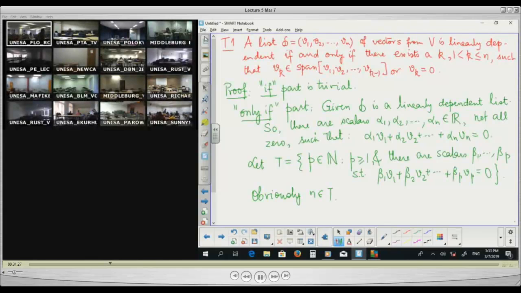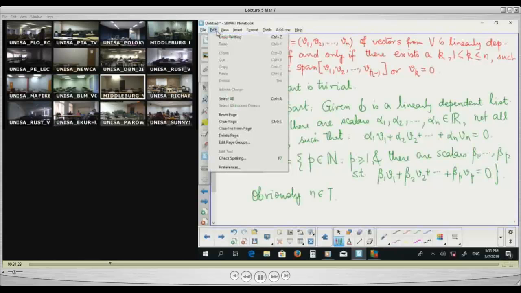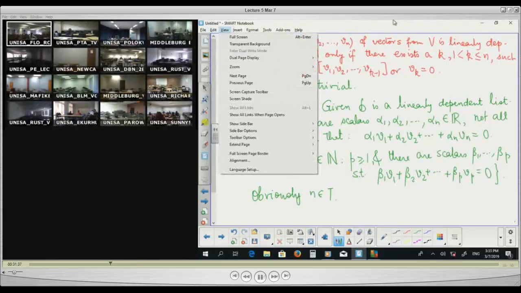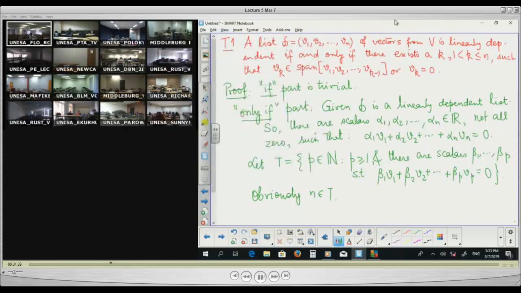No. So I'll have to go to the next page, but I cannot introduce a page. That's quite strange. Okay. So here is a fact which I need for natural numbers.